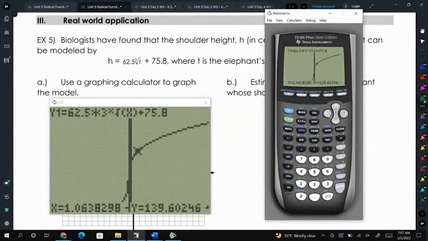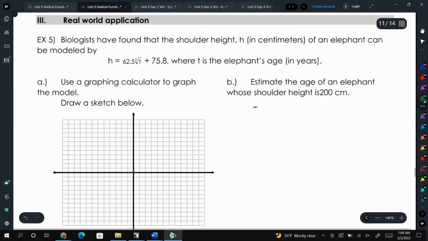So if we press the trace button, we can see when the y value gets to 200, it's about 7.87, so that's about 8 years.